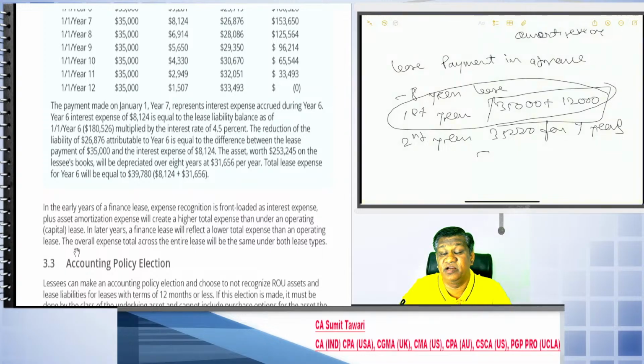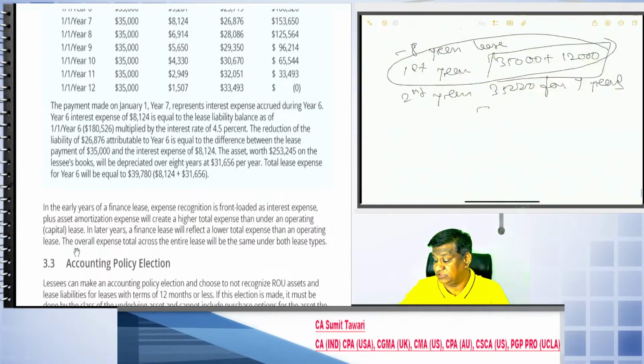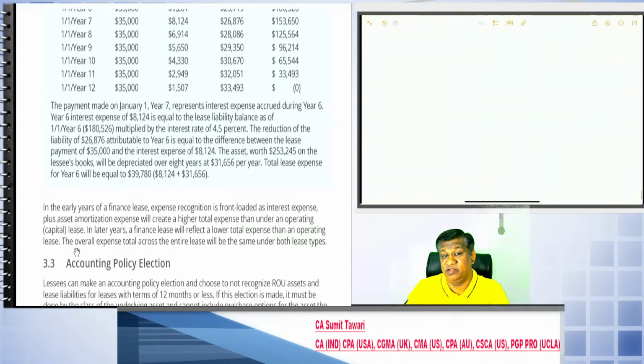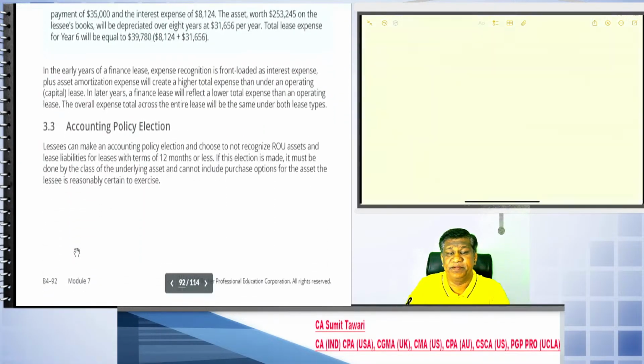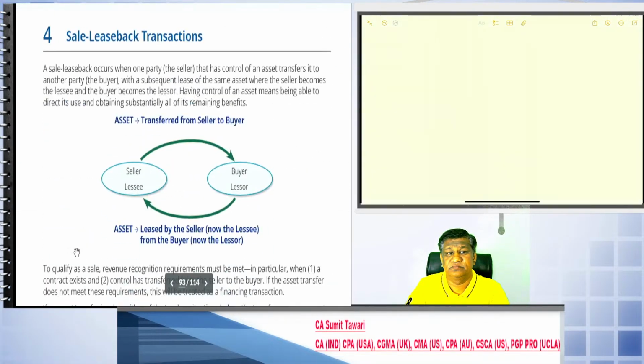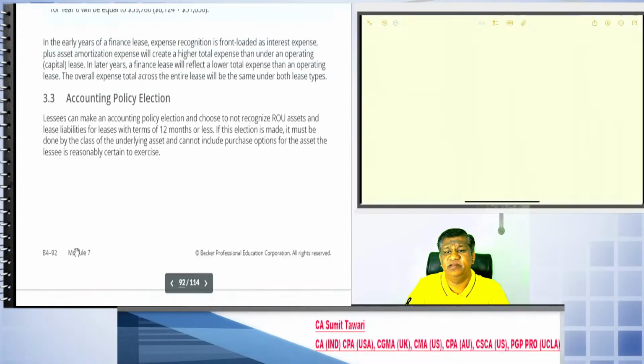So in the earlier period, interest is high as well as ROU is high. Okay, but in the latter period interest gets reduced, so that's why the lease expense is less in the latter period in a finance lease. Any doubt here?